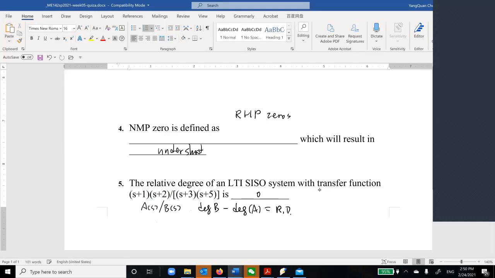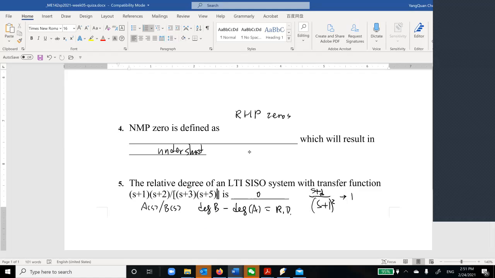For example, what is the relative degree of this one? This is 1. What is the relative degree of this one? It is 2, all right? What is the relative degree of s plus 2? Again, this is 2 minus 1.